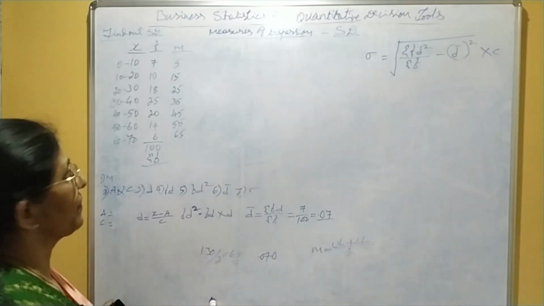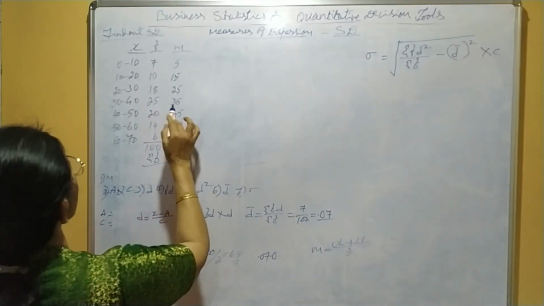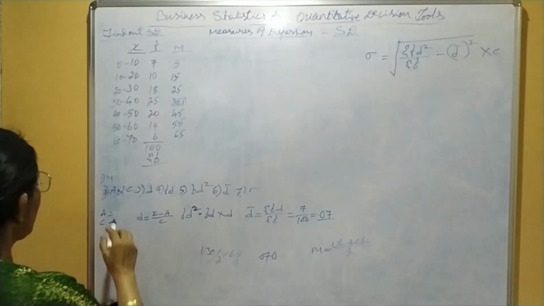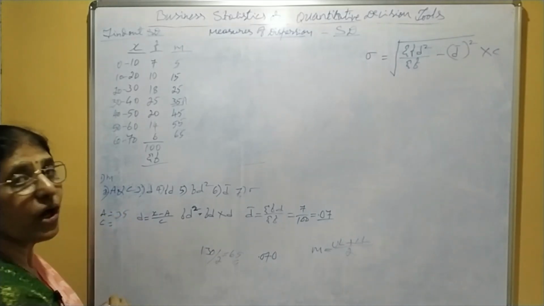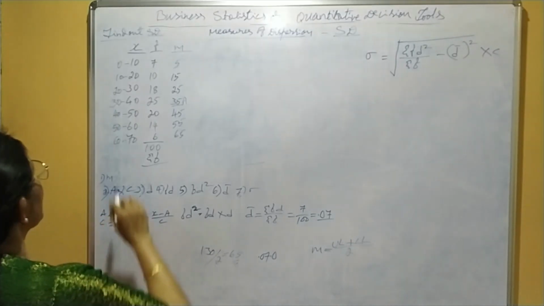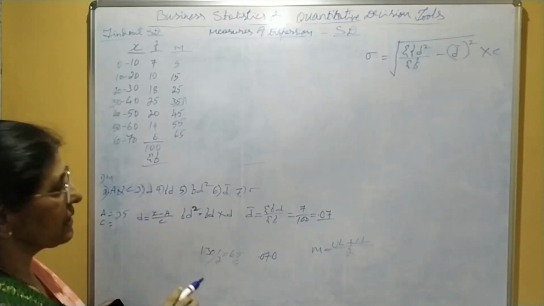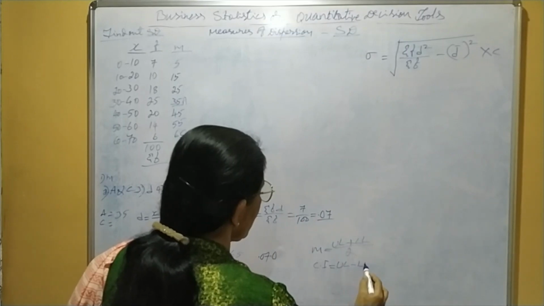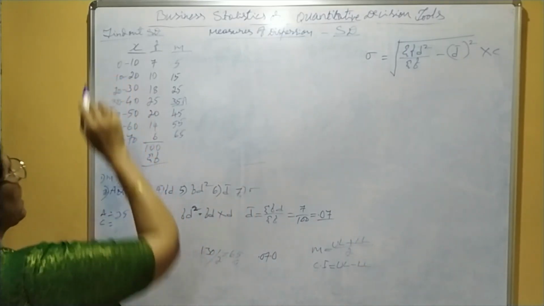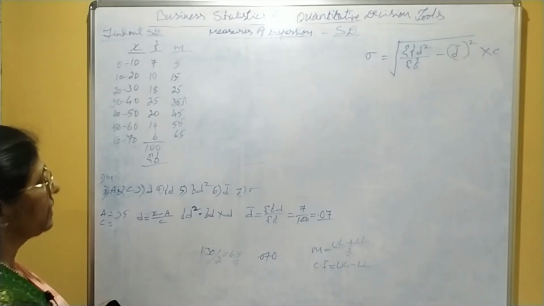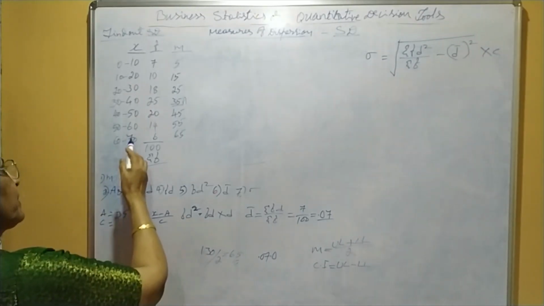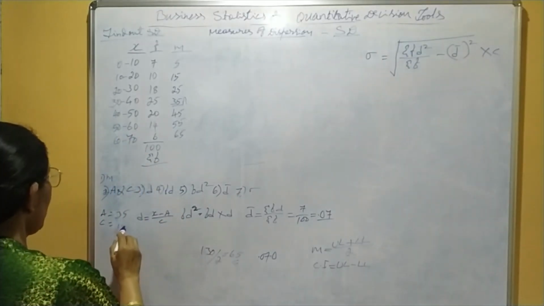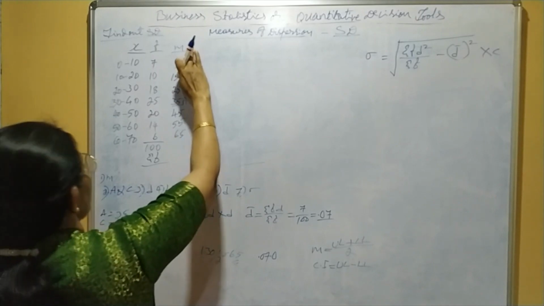Here the highest frequency is 25, and the corresponding mid value is 35. The 35 is taken as assumed mean. Then C refers to common class interval. Class interval equals upper limit minus lower limit. Upper limit 10 minus lower limit 0, so class interval is 10. Or if you take 60 minus 50, 70 minus 60, class interval is 10. C is 10.